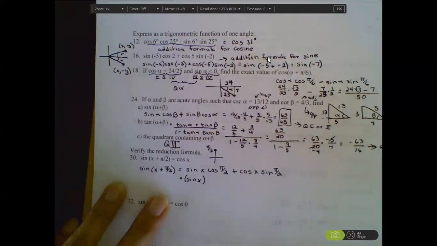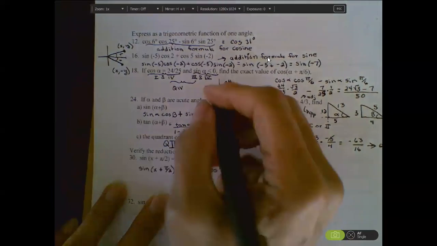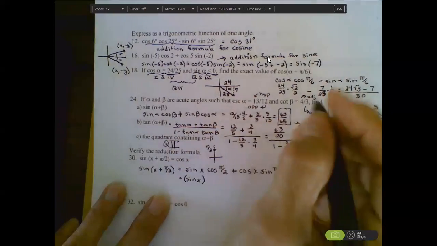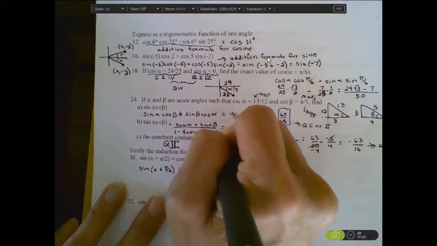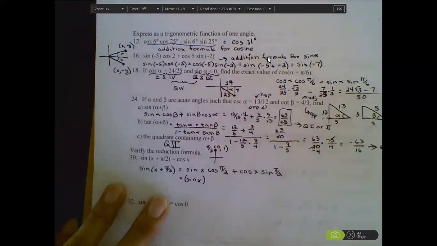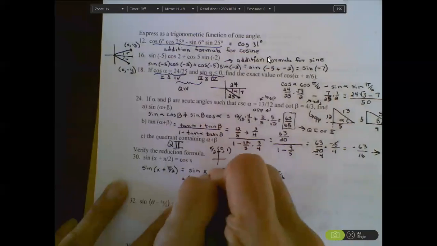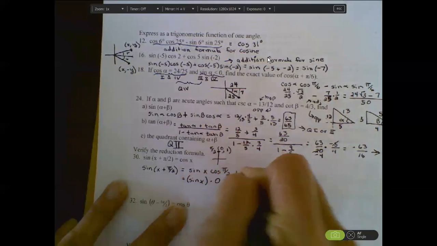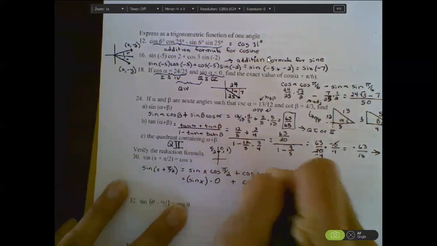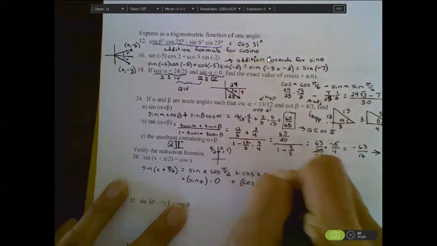What's the ordered pair? 0. Sorry, I was muted and I didn't notice. You answered me 3 times. I'm sorry. That's okay. That's the ordered pair 0, 1. So cosine is 0 and sine is 1.